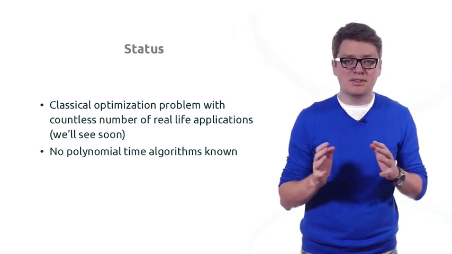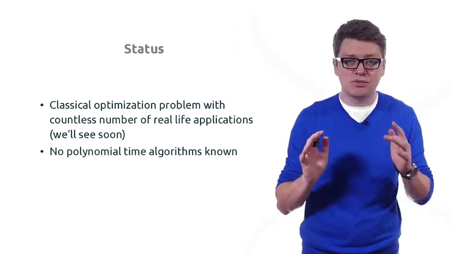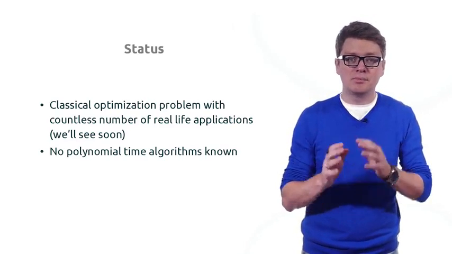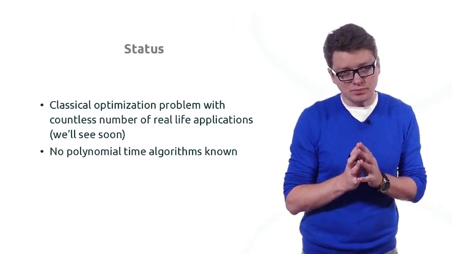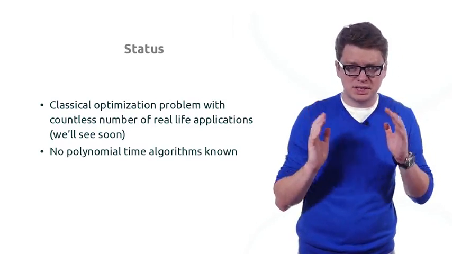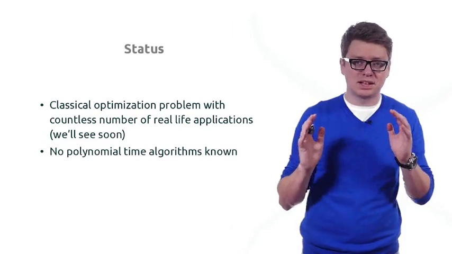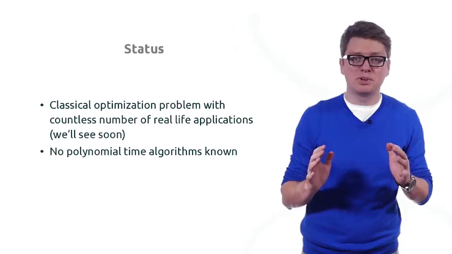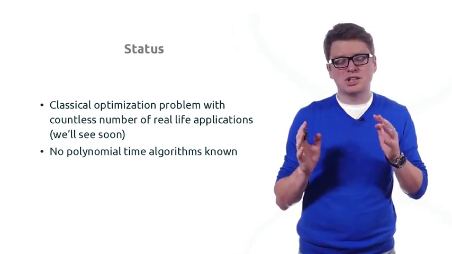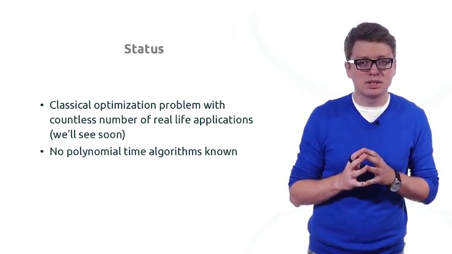Namely, we do not have any algorithm which is guaranteed to find an optimal cycle in time polynomial in n. This is because we still do not know whether the classes P and NP are equal. This is a classical NP-hard problem, so we actually do not expect such an algorithm to exist.